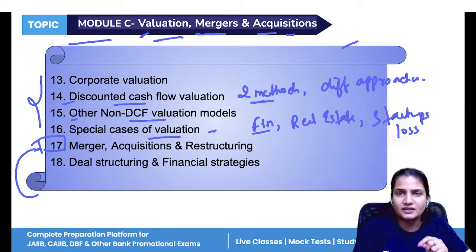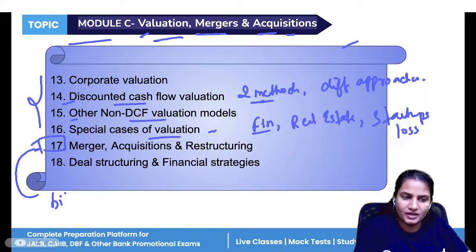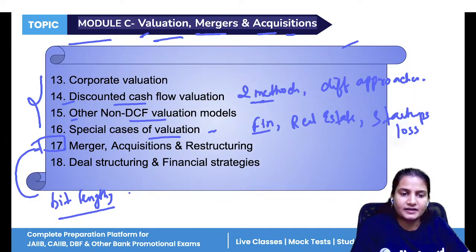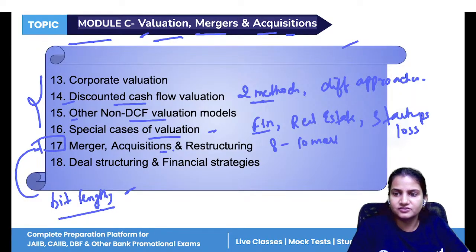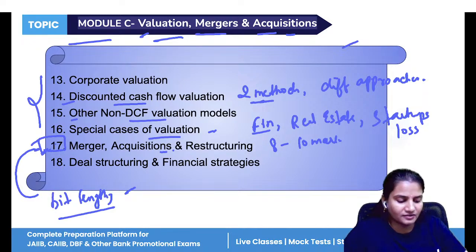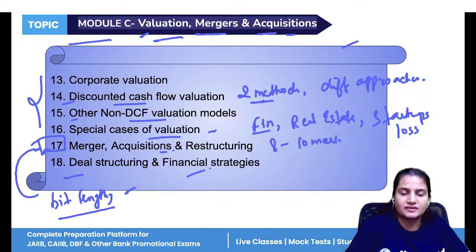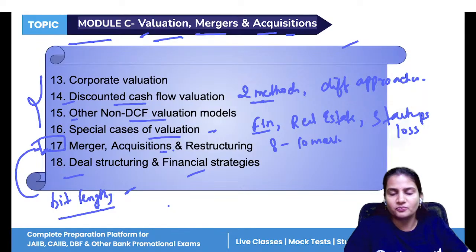This is a bit lengthy unit, but it is the easiest unit and it includes more and more questions. You can expect 8 to 10 marks of questions from this single unit, unit number 17. Then we have D and financial structuring. So this is all about Module C.